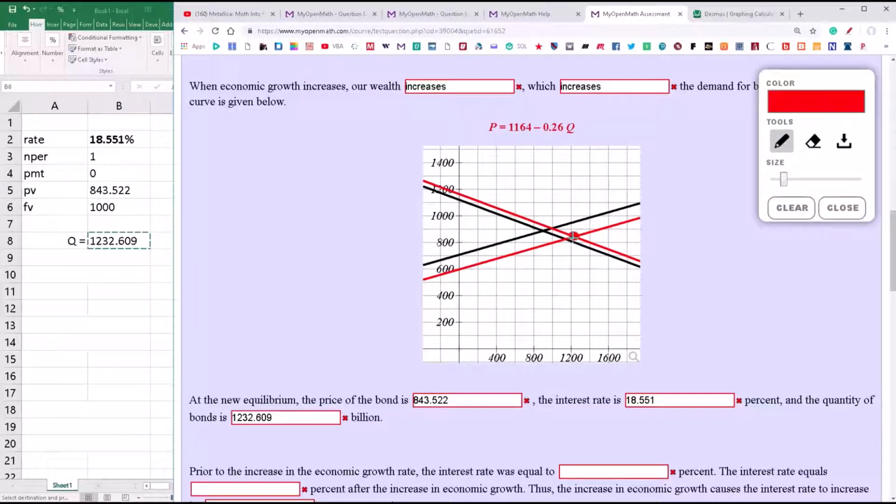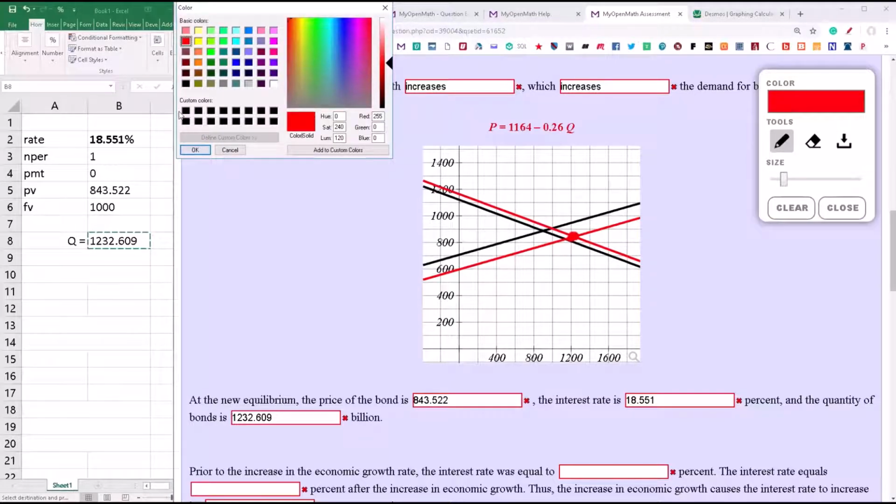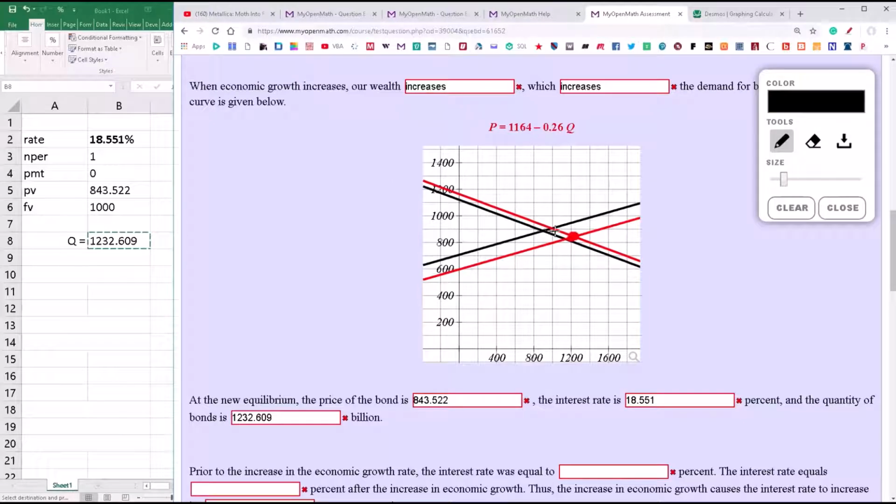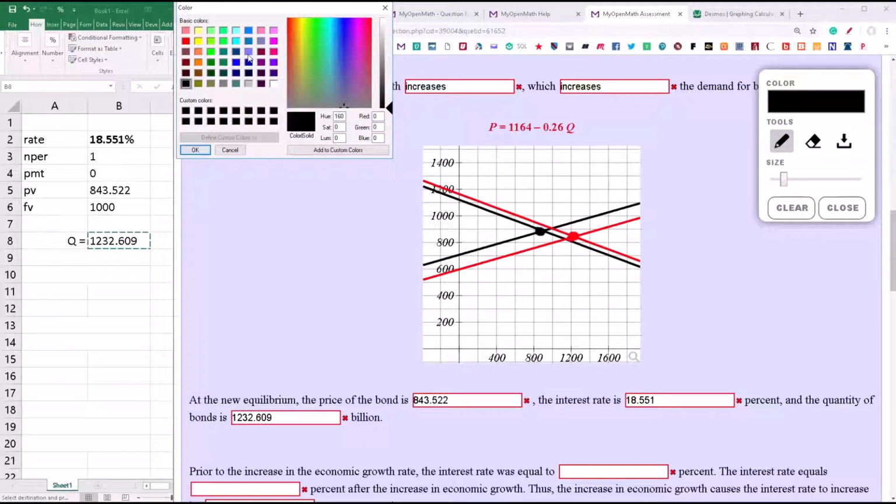Okay. And then we graph this. Our final equilibrium is right here. Our initial equilibrium is right there. The demand curve increased a little bit. I'm going to do it in green.